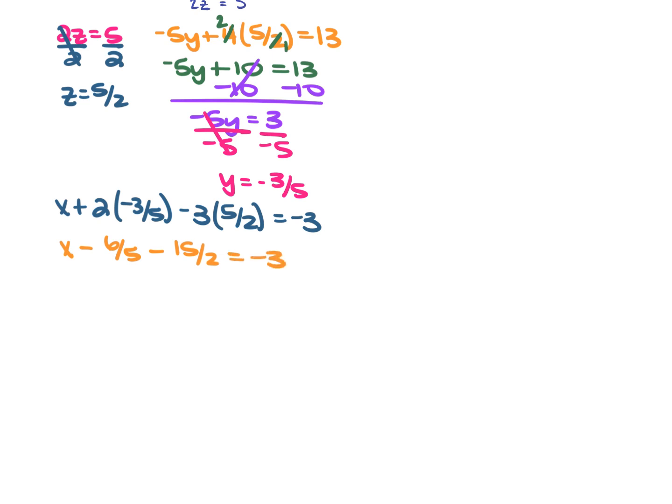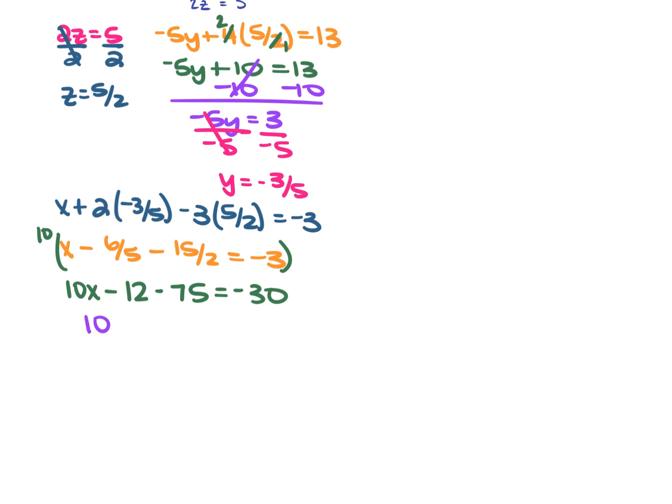Now, I don't want to work with the fractions, so I'm going to multiply everything by my least common denominator, which is 10. That'll give us 10x minus 2 times 6, which is 12. 10 divided by 2 is 5, so 5 times negative 15 gives us negative 75 is equal to 10 times negative 3 is negative 30.